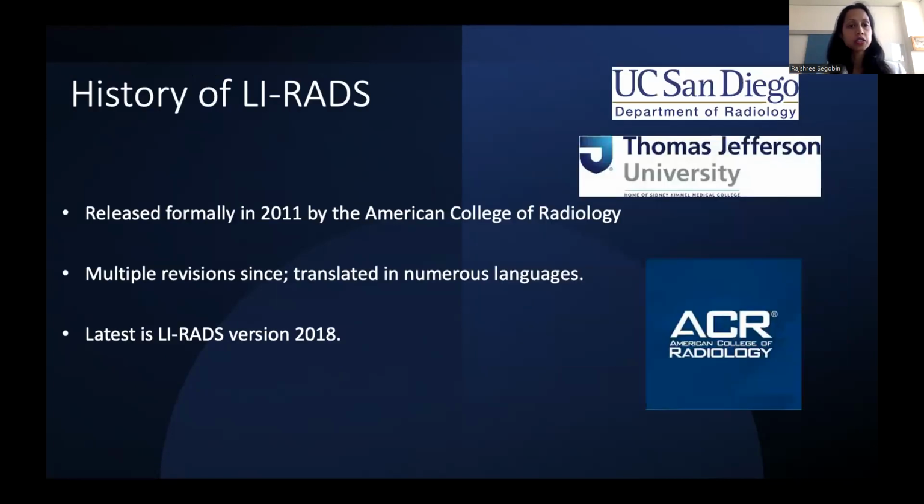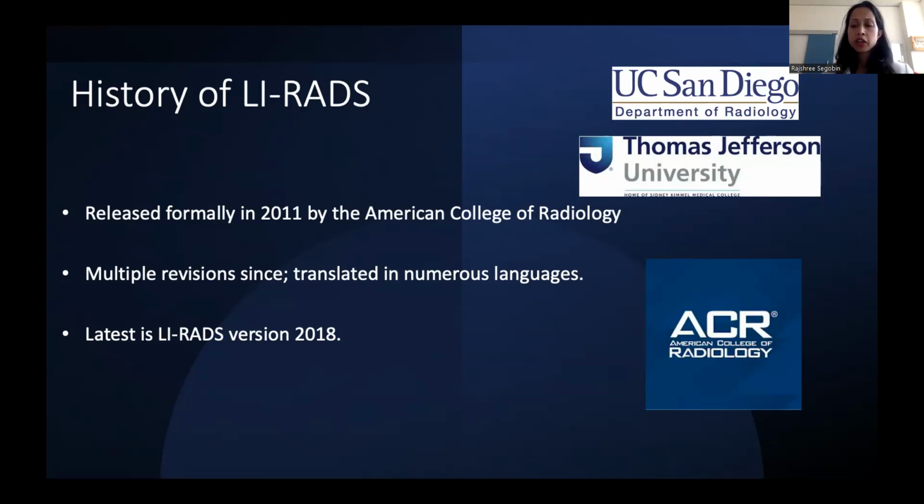So when did LIRADS come about? LIRADS was developed as a prototype in the early 2000s, actually in 2006, by the University of California, San Diego Department of Radiology and the Thomas Jefferson University Medical College as a means to standardize the reporting of HCC.